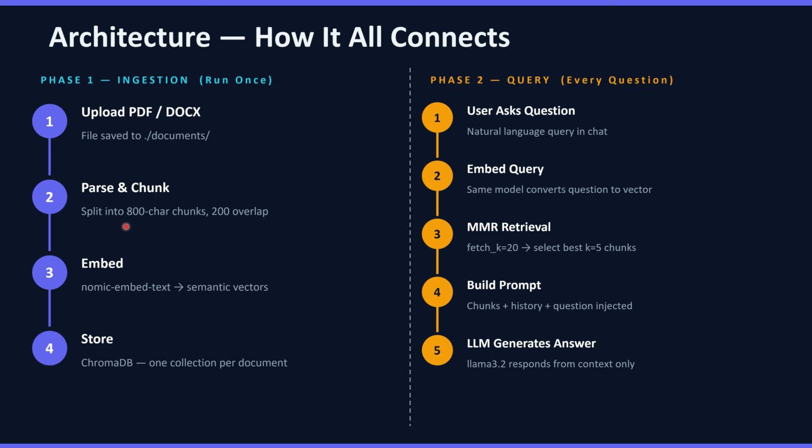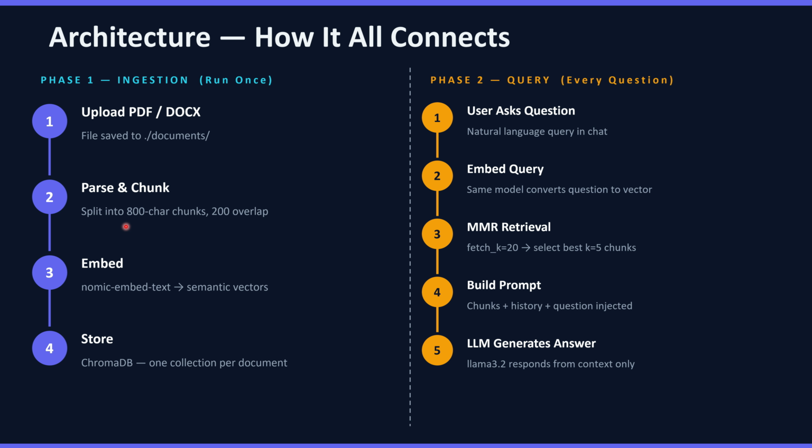Then that text is split into chunks, 800 characters per chunk with 200 characters of overlap between consecutive chunks. The overlap is critical, and it ensures that a sentence that sits at the boundary between two chunks is fully captured in at least one of them.